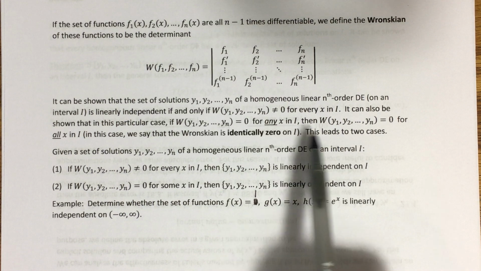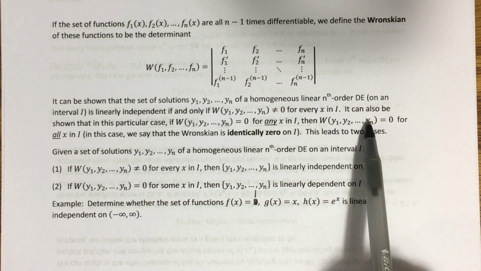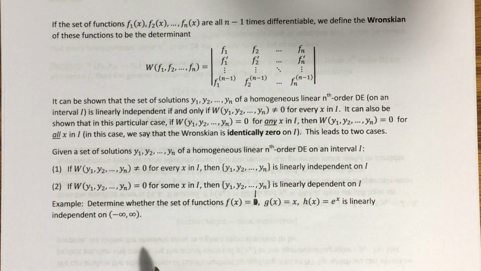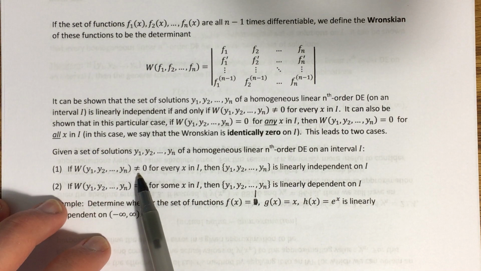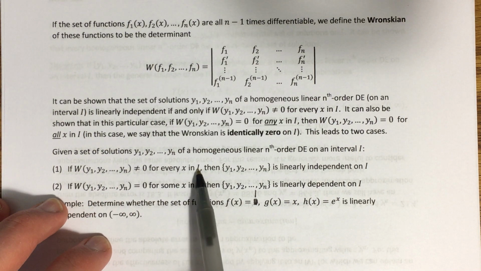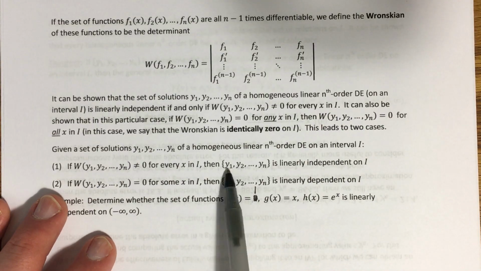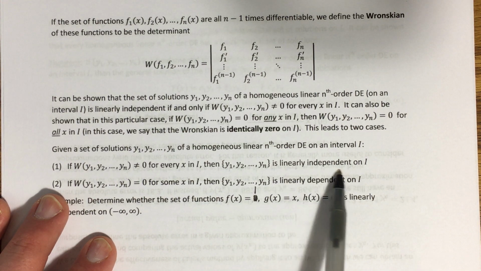Okay, in the case where the Wronskian is equal to 0 for all values of x that I can plug in for these functions here, we would say that it's identically 0 on that interval. So there's two cases that we get from this. If the Wronskian is not equal to 0 for every x in our interval, on which these are solutions to our DE, then this set is linearly independent.